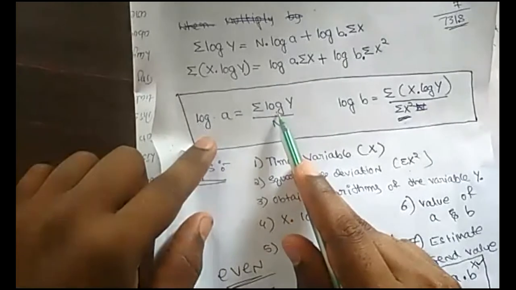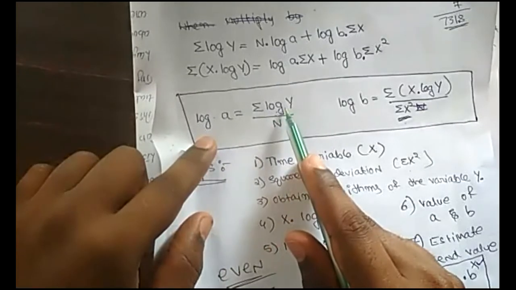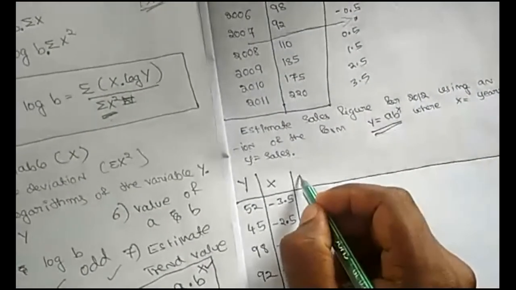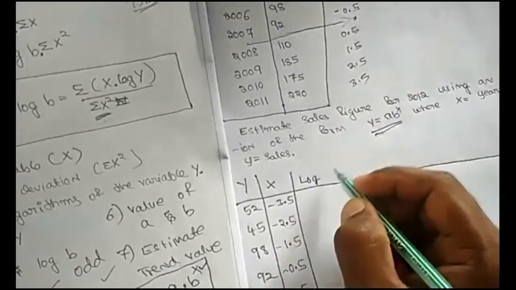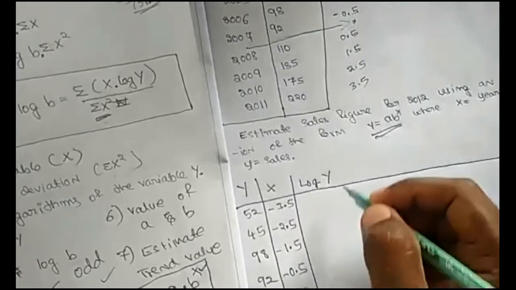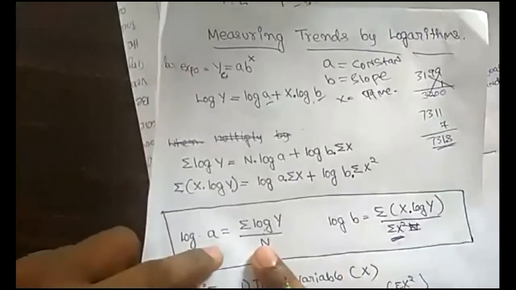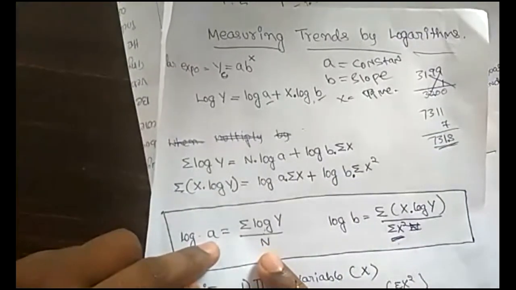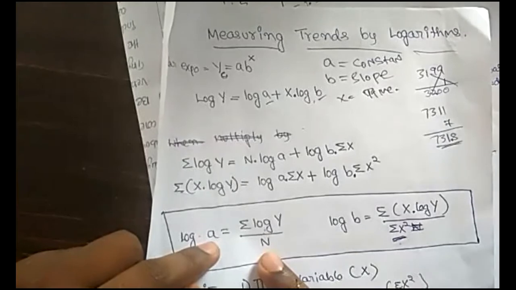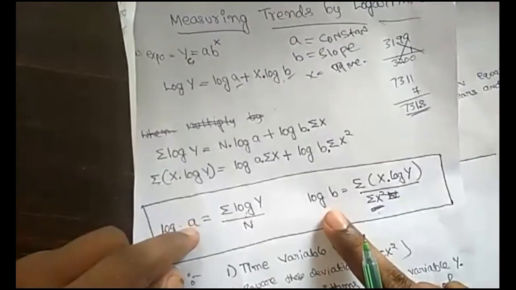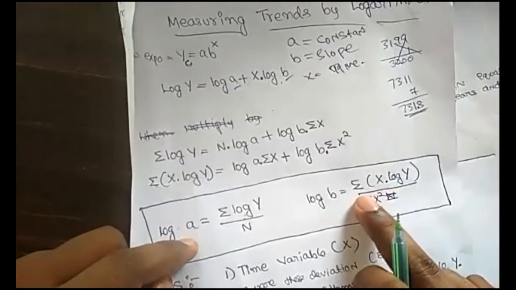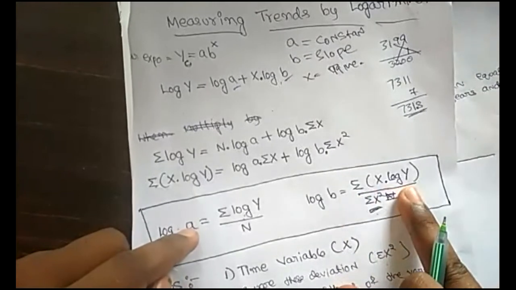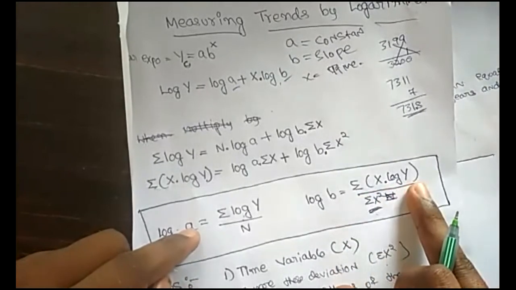Here we need the sum of log y, therefore we have to find the log value of y. Then n is the total number of years, that is 8. Then we need the sum of x into log y.